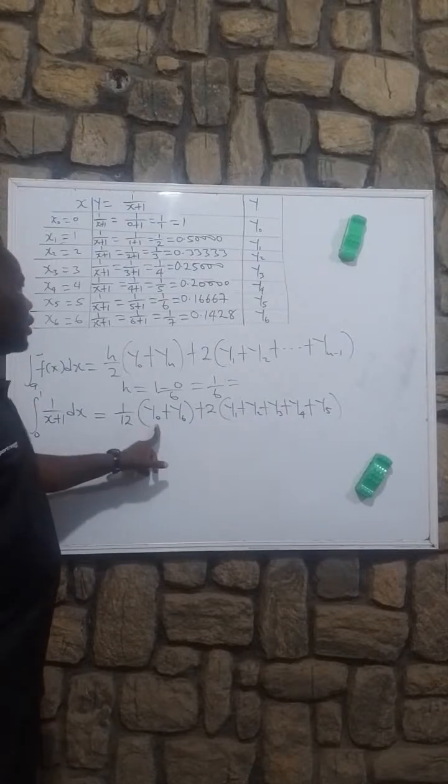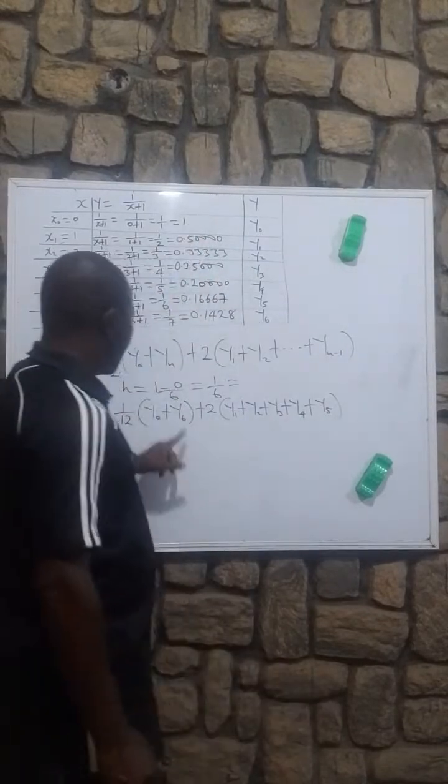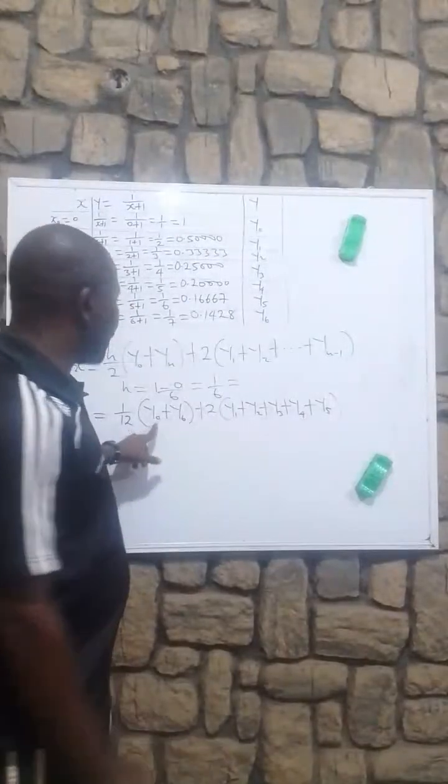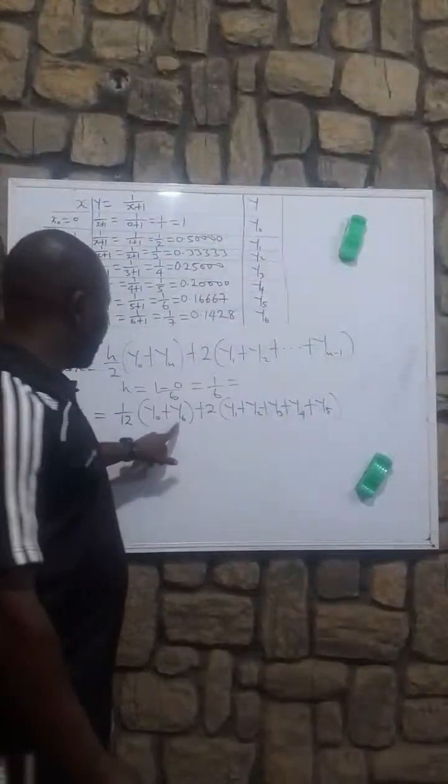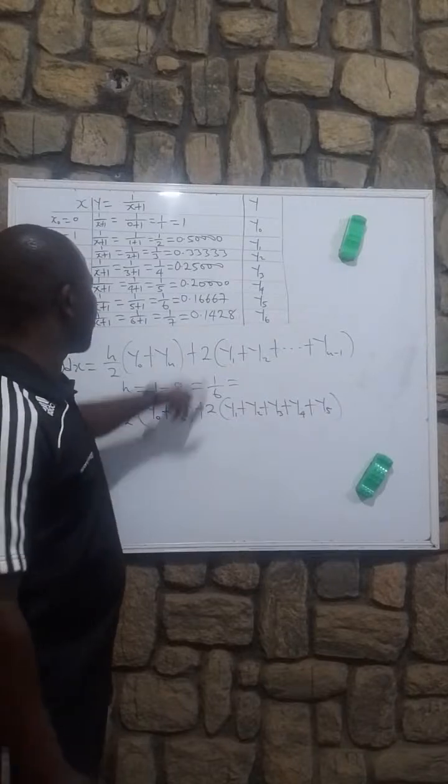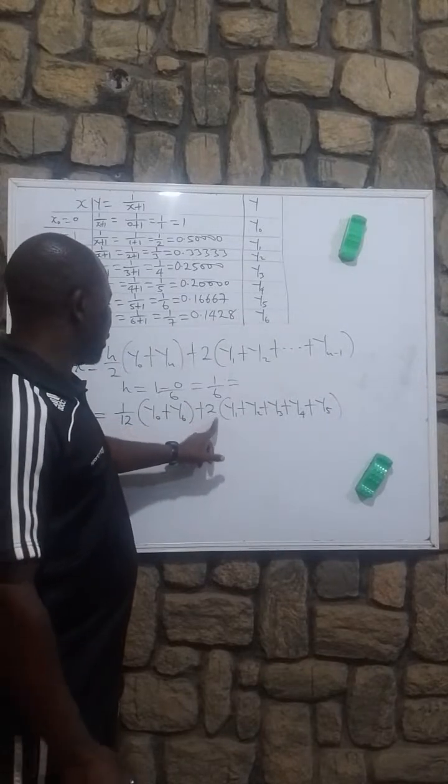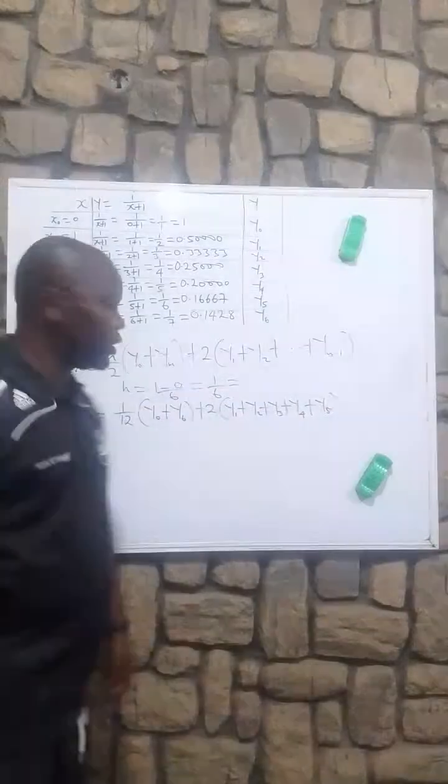You are done with this question, because what is left is for you to substitute into this. You know your x naught is 1, your y naught is 1. You know your y6 is this, plus 2 open brackets, you just multiply.